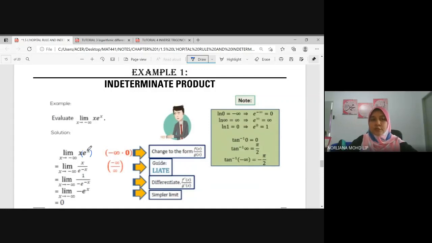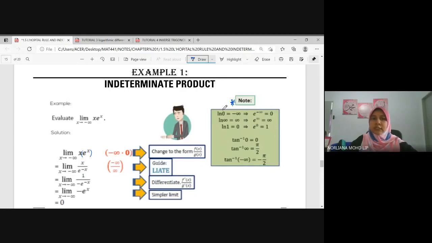For this one you have to refer to this note. For ln 0 equal to negative infinity, therefore e to the power of negative infinity equal to 0.